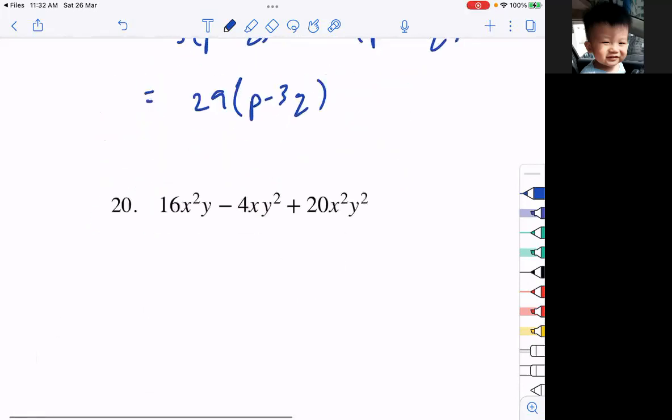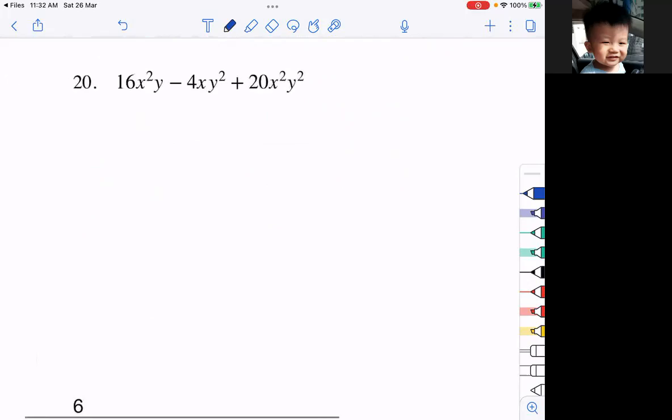And last one. That one not difficult. You have to do it yourself.